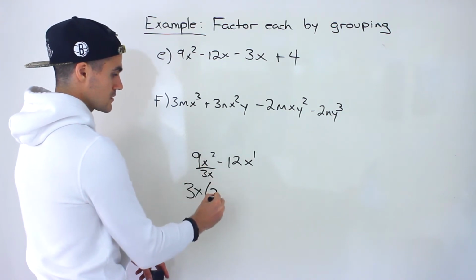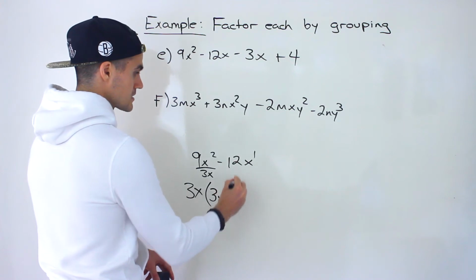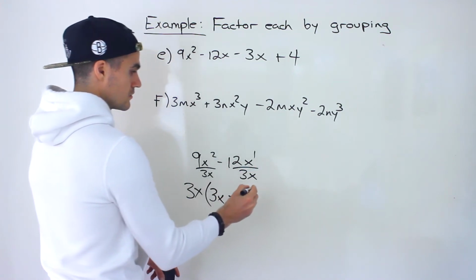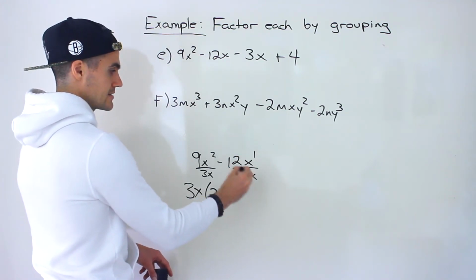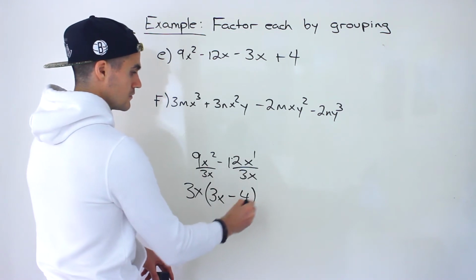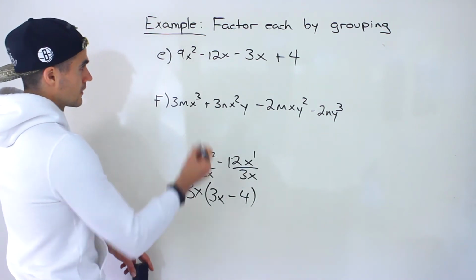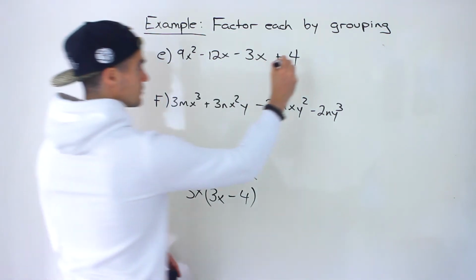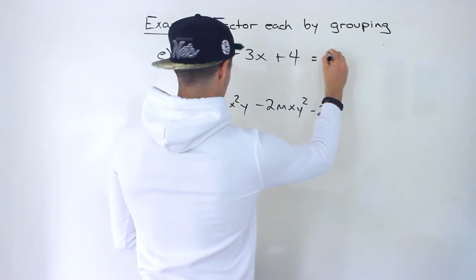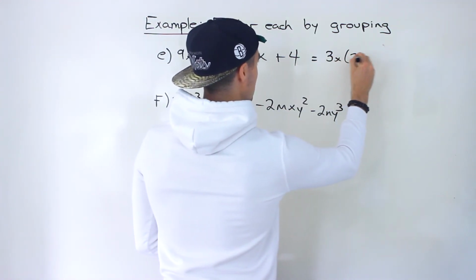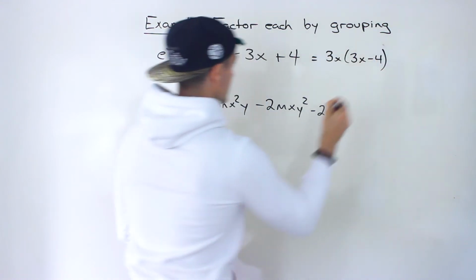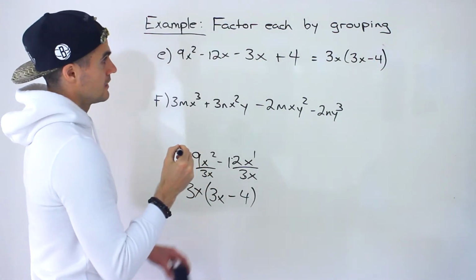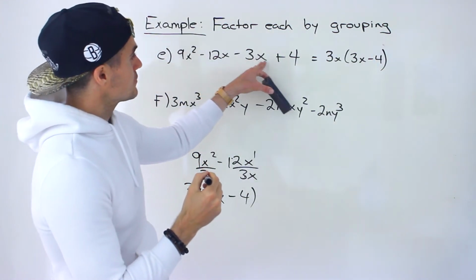X to the 2 over x to the 1 is x. Minus, over here, take out 3x. The x's cancel. 12 divided by 3 is 4. Okay, so these first two factor into that, like that. And then we've got minus 3x plus 4.